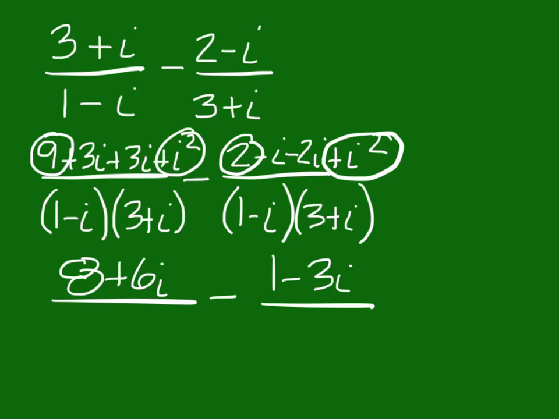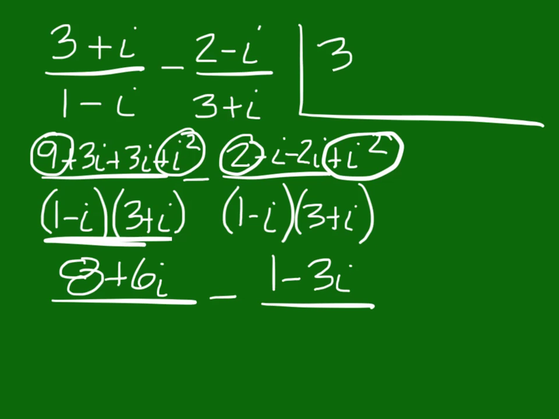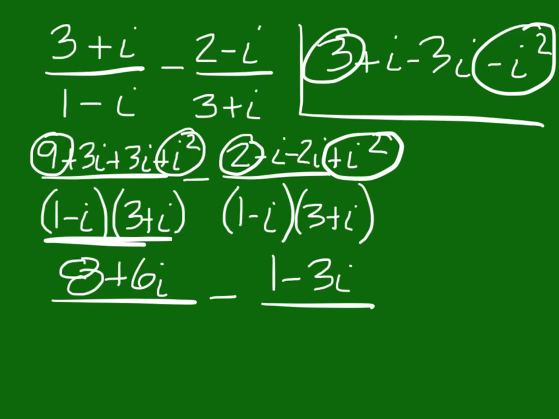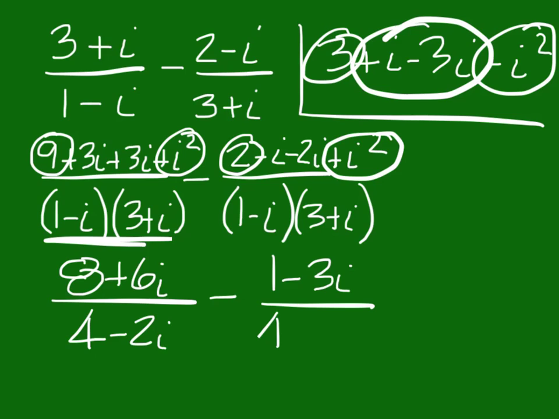Now let's do the multiplication for the denominator in this area up here. We're going to multiply these two to get 3 plus i, and then minus 3i minus i squared. That's a plus 1, and with the 3 becomes 4. And then we'll have i minus 3i, which is minus 2i.